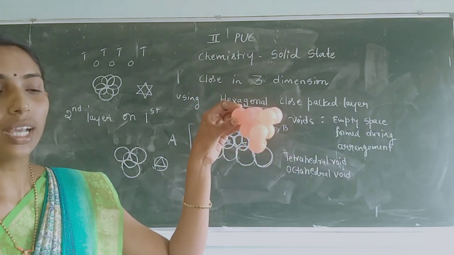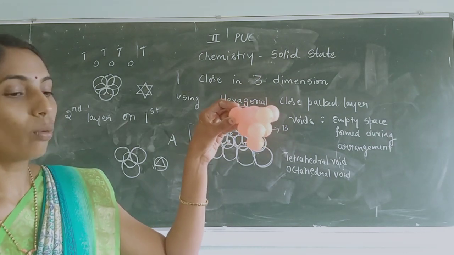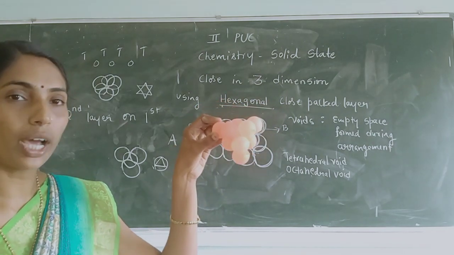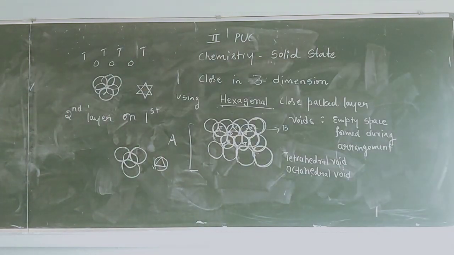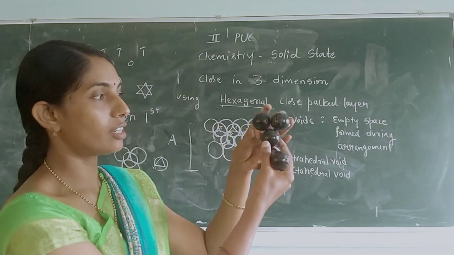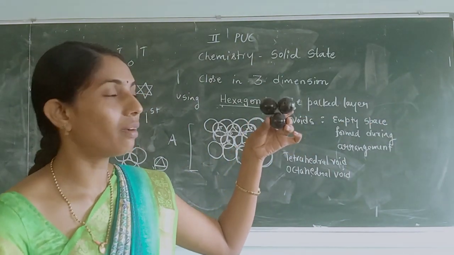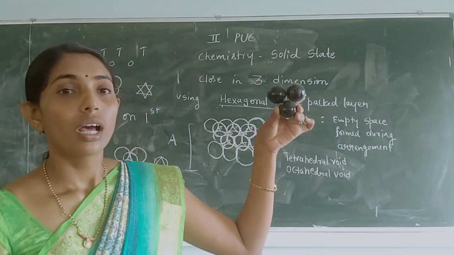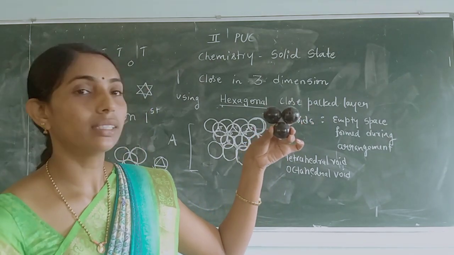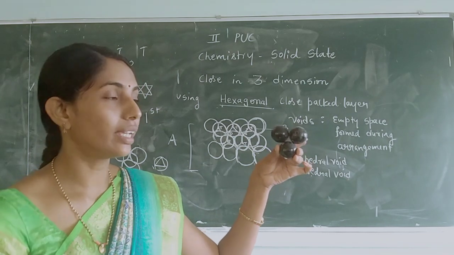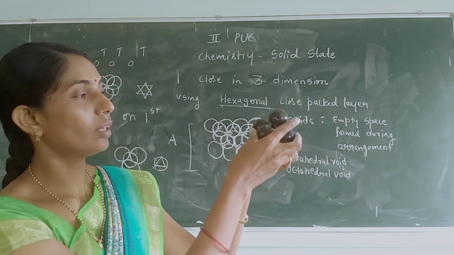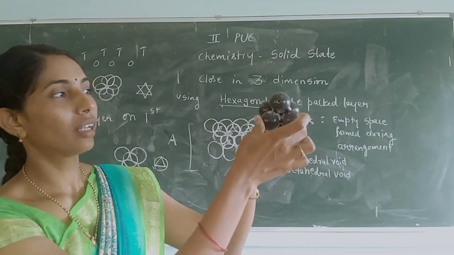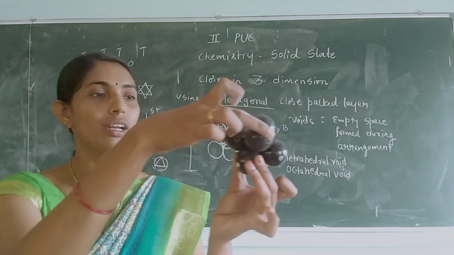octahedral void formation happens. Okay, what is the meaning of octahedral void? That is when the triangular void of the first layer, imagine that it has the apex upward, is covered by the triangular void of the second layer which has the apex downward, and is joined, it gives you the octahedral void.